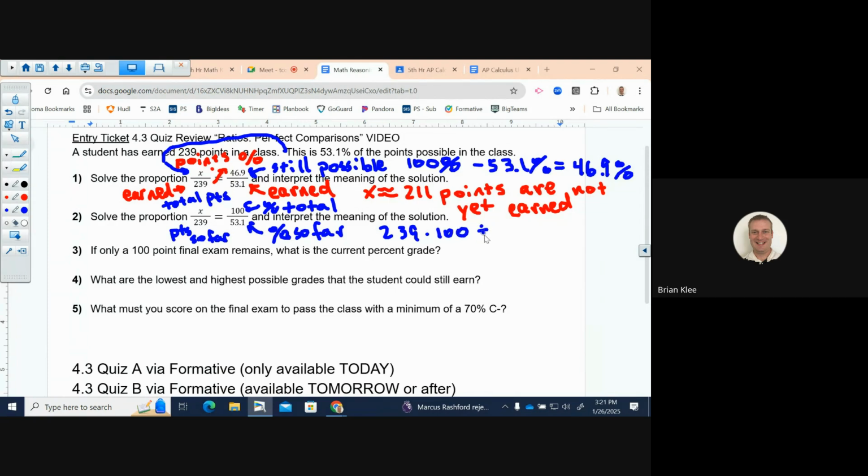You get an answer and divide it by 53.1. 239 times 100, that's actually easy mental math, 23,900. Not that you really care about that much. And divided by 53.1, you get 450 points. I'll make that 4 a little bit neater, so everyone should have the correct answer on their entry tickets. So that is the total points.